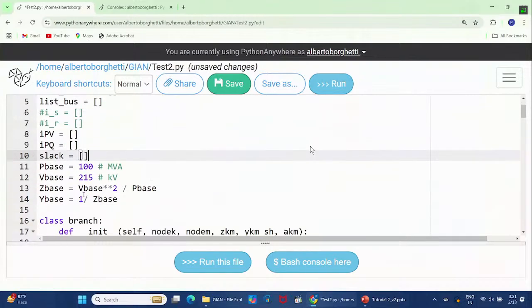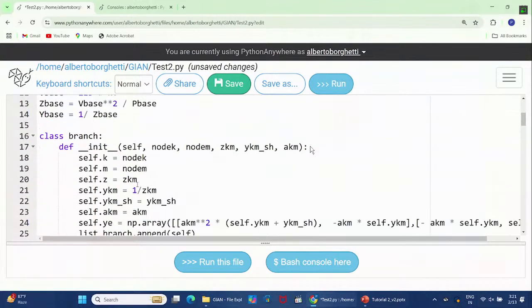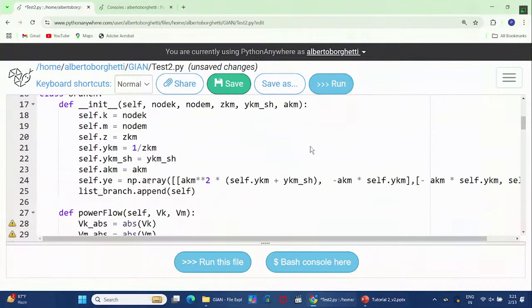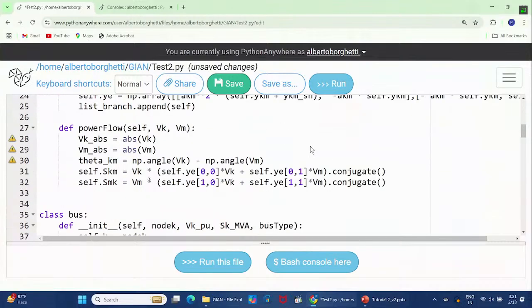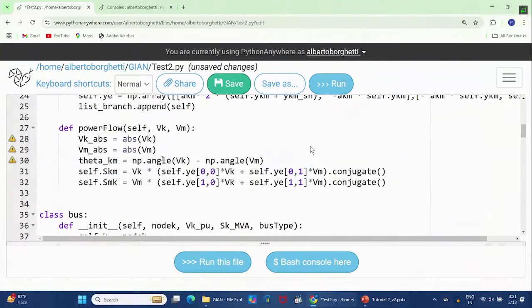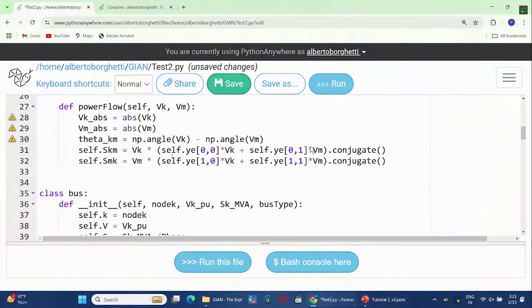So probably of these instructions, the only one that is needed is P base because all the other elements are already in per unit. And then I need to say in the buses, so all these are fine. Yes, it's true.